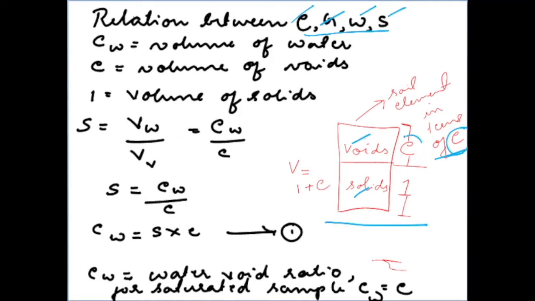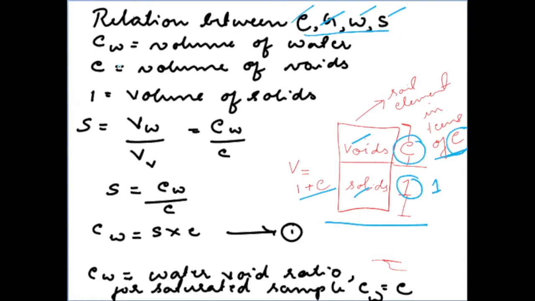Let us represent the voids as letter e and the solids as the letter 1. So what is the total volume V? V is nothing but 1 plus e, which is solids plus voids. Whenever you are deriving the relation, see that you have a particular figure with you.